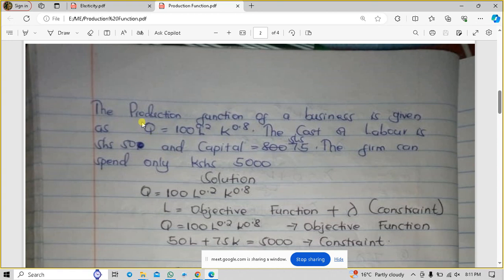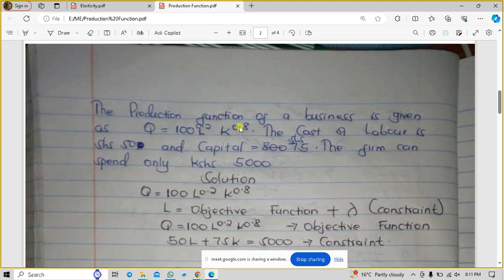The production function of a business is given as Q equals 100 L to the power 0.2, K to the power 0.8. So you're given a function Q equals 100 L to the power 0.2, K to the power 0.8.